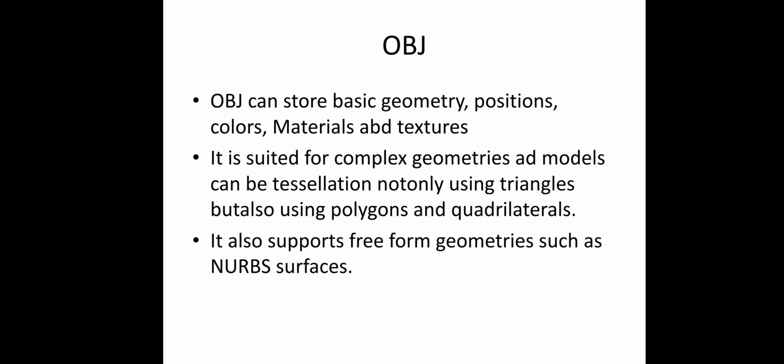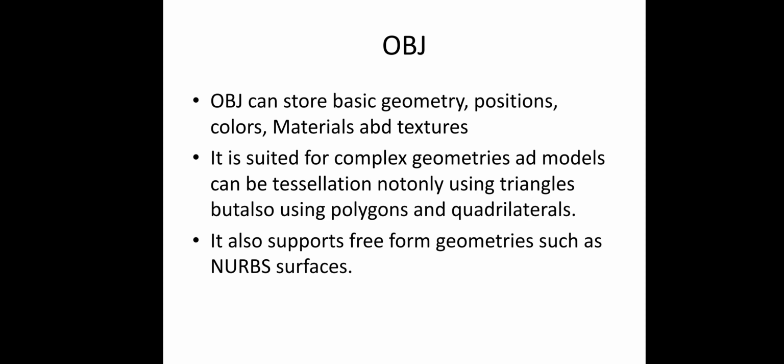Another file format is OBJ. The third file format is the OBJ file format. So far we have discussed the STL file format and the AMF file format, and now this OBJ file format. The OBJ can store basic geometry, positions, colors, materials and textures. It is suitable for complex object trees, and models can be tessellated not only using triangles but also using polygons and quadrilaterals.